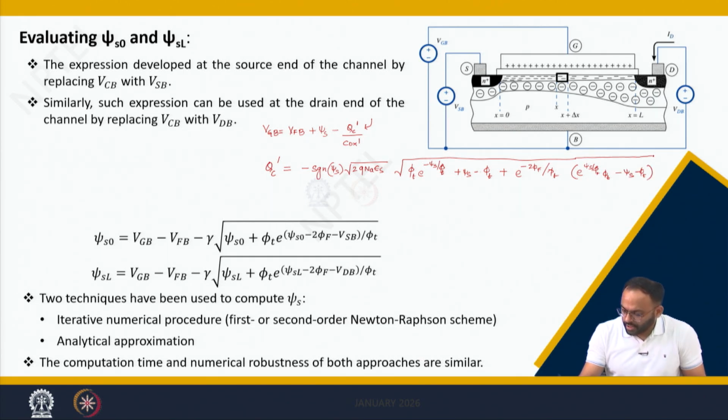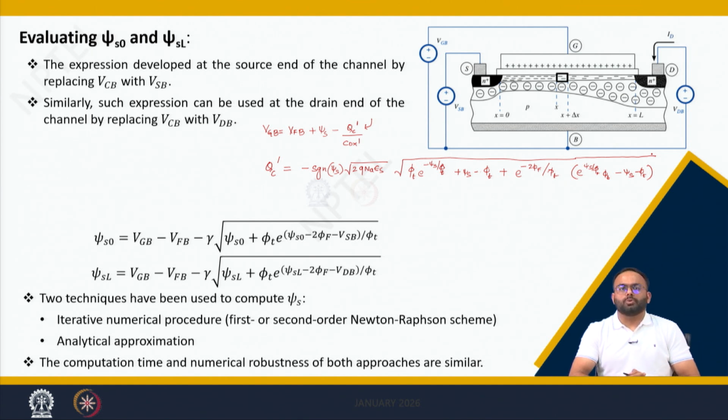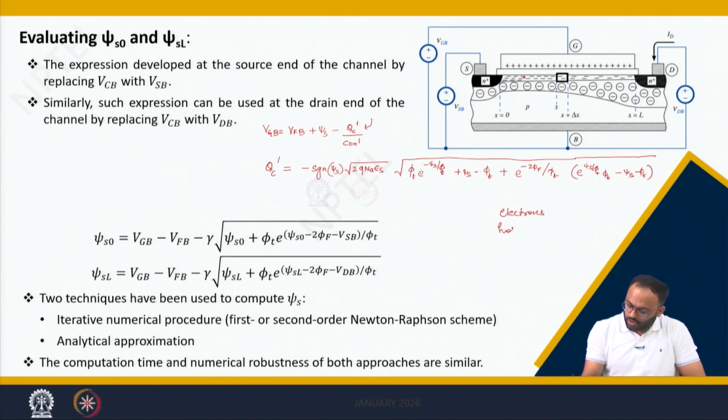This expression we derived in module number 2 when we were saying that in the channel we do have a contribution of electrons, we do have a contribution of holes, and immobile ions. Remember, this is the contribution of holes and this is the contribution that came from immobile ions.